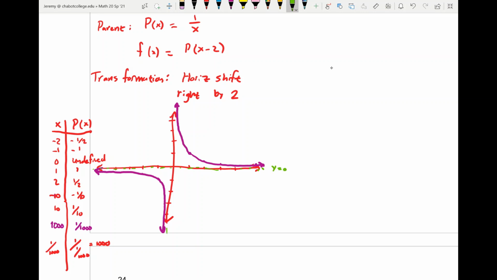And it's also getting really, really close to this vertical line, x equals 0. So y equals 0 is what we call a horizontal asymptote. And x equals 0 is what we call a vertical asymptote.